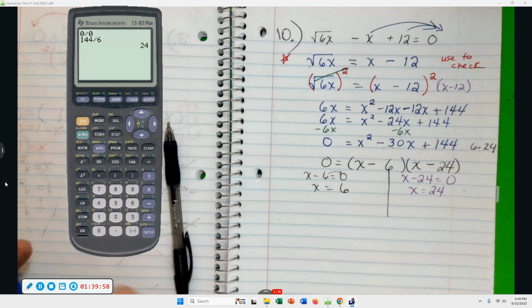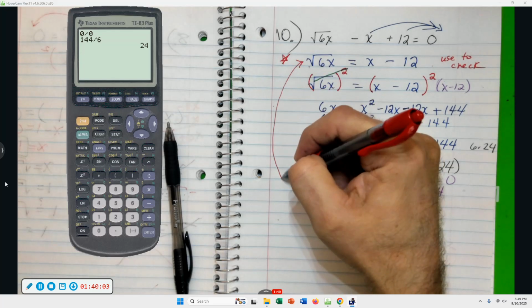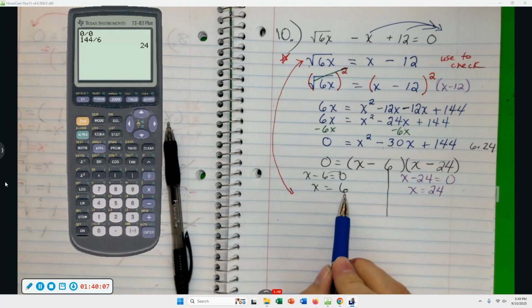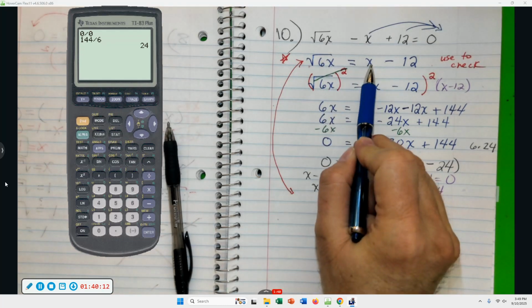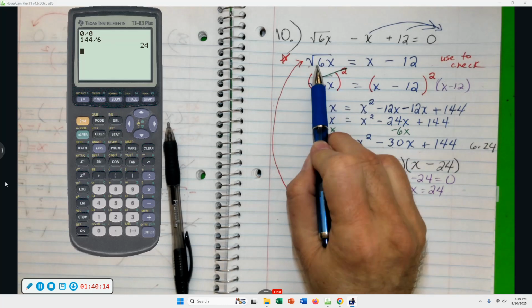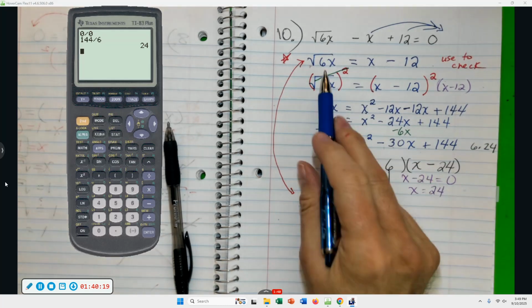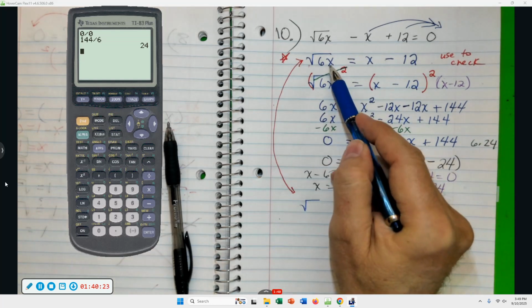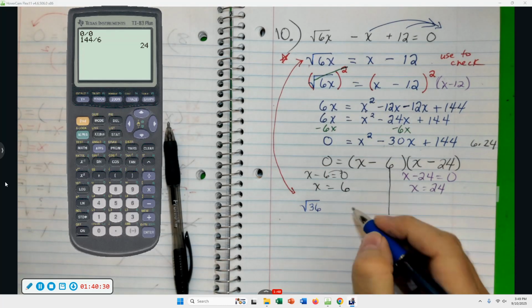But let's see. Let's come over here. There's the form that we're checking on. Okay, so I'm about to take this 6 and put it in place of this x and this x. So be careful. 6 times 6, what number do we have under that square root? 36.